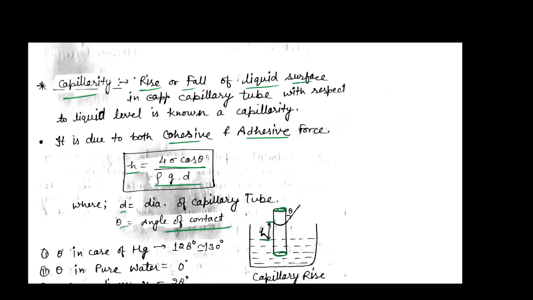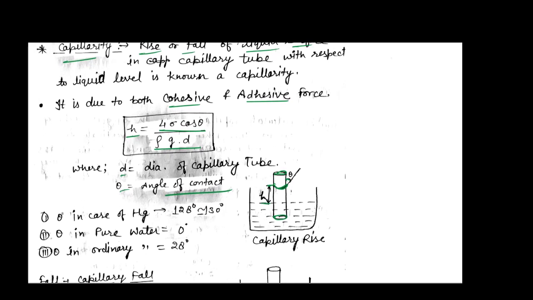So we can easily calculate capillarity from this relation, h = 4 sigma cos theta upon rho g d.